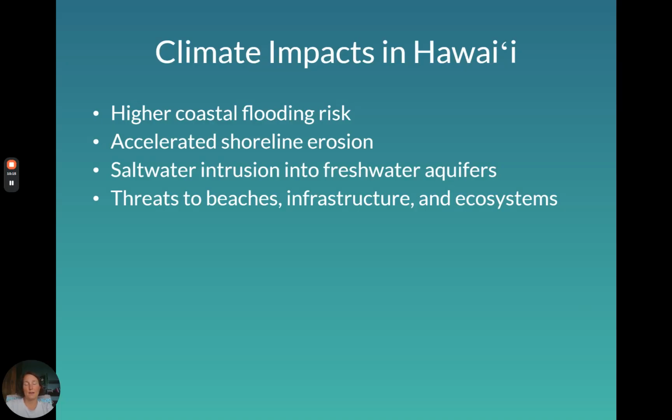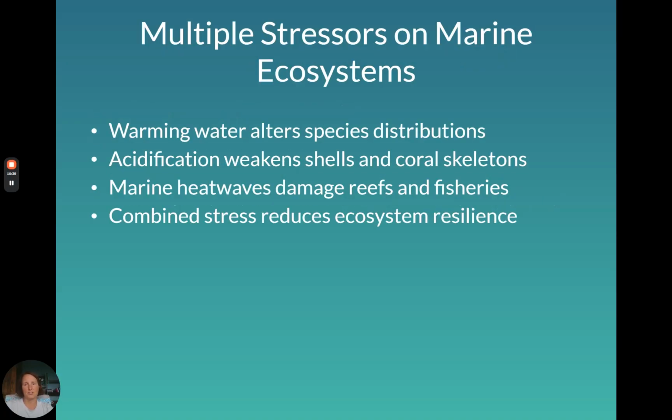We have a very limited supply of fresh water on this island. It rains a lot over in Hilo, but our aquifers, especially on the west side, are limited, and if they get contaminated with salt water, that is a major issue. And of course, infrastructure like people's houses and businesses, ecosystems, and even beaches can be impacted by sea level rise.